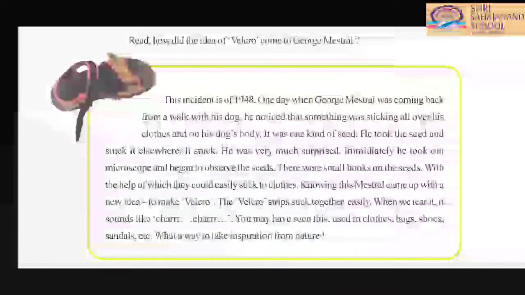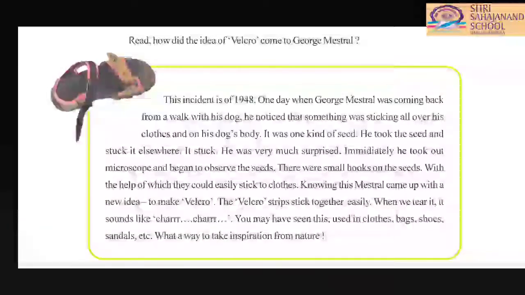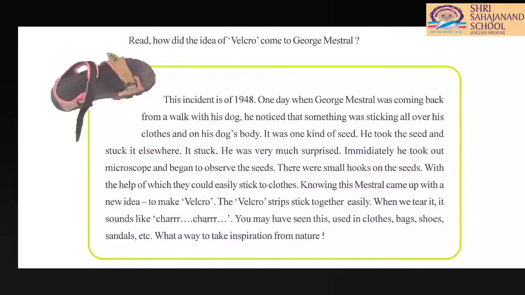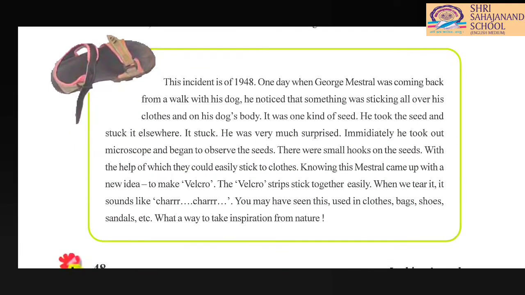Okay, so one incident is given here about George Mestral, how he invented this Velcro. Let's see what that incident was. This incident is of 1948. Okay, so in the year 1948 this incident happened.